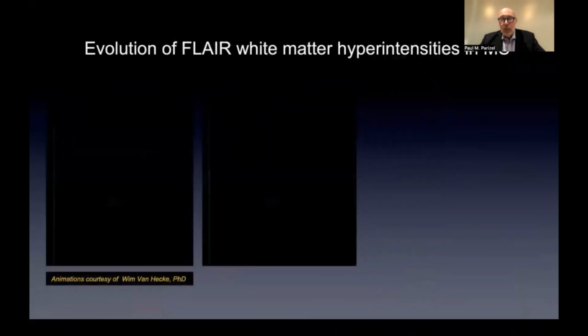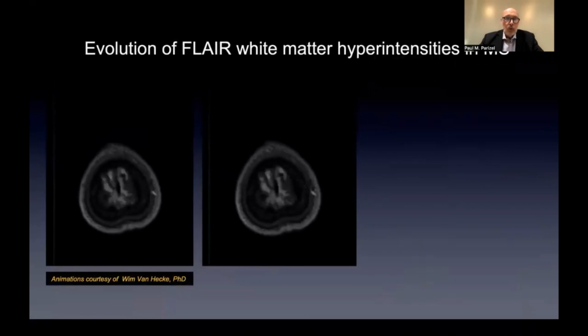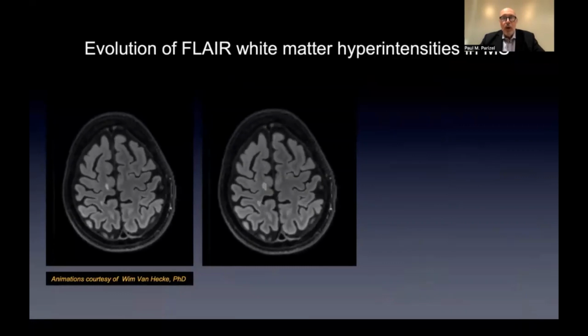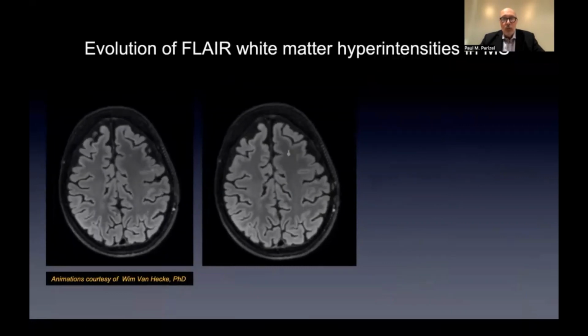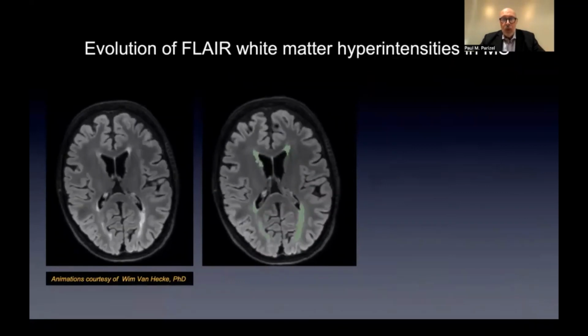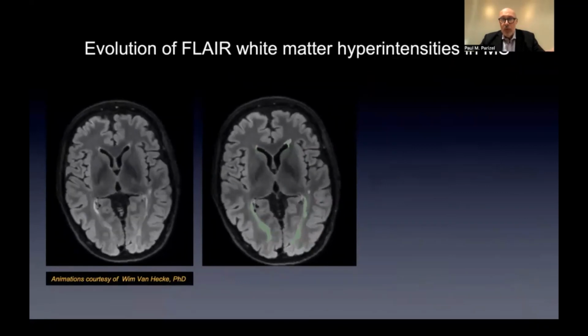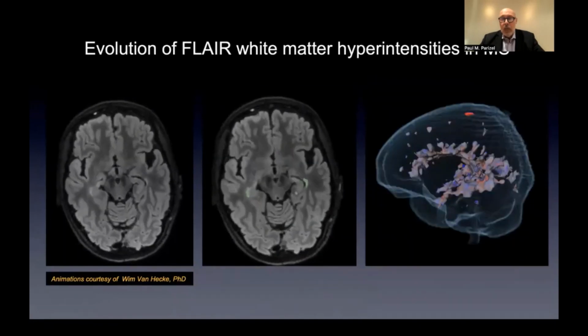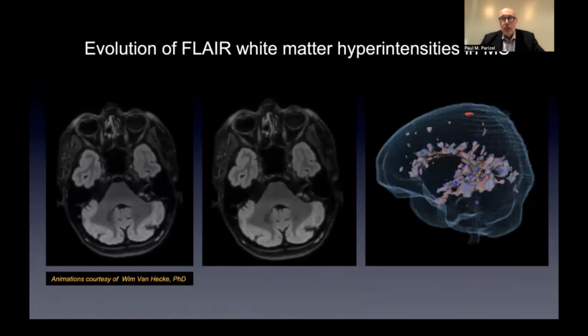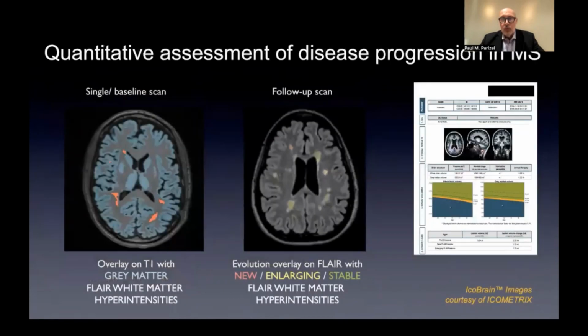And we can then compare that between a previous study and a present study and evaluate the FLAIR white matter hyperintensities. Mind you, these are 3D FLAIR sequences, isotropic, able to reformat in any given plane and give you an idea of the total lesion load within the brain of this patient with multiple sclerosis.